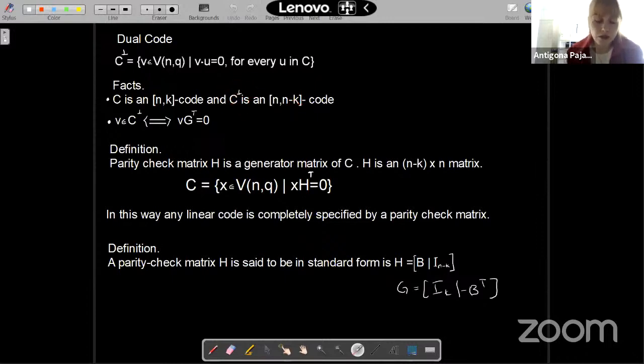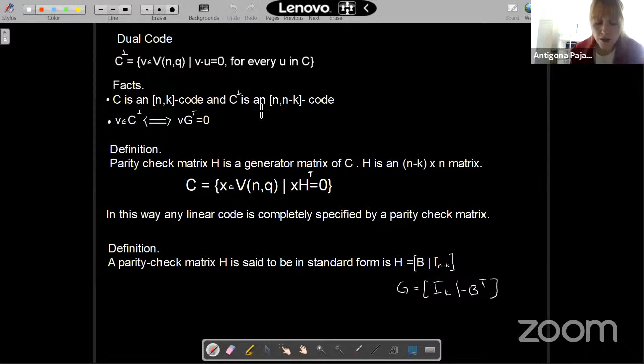Why is the dual code also good? Because if I know the generator matrix and I want to find the vectors in the dual code, then I can just use this theorem here. A vector is in the dual code if and only if its product with the transpose of the generator matrix is equal to 0. Why is that?